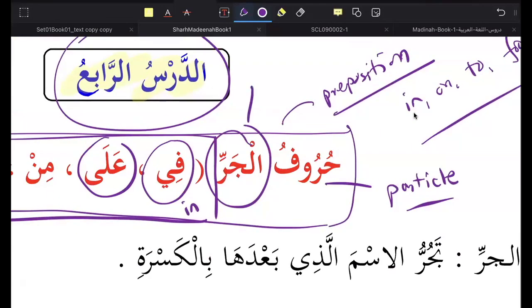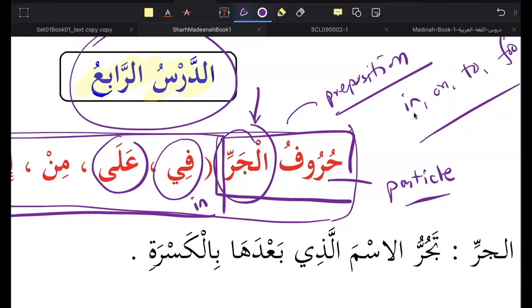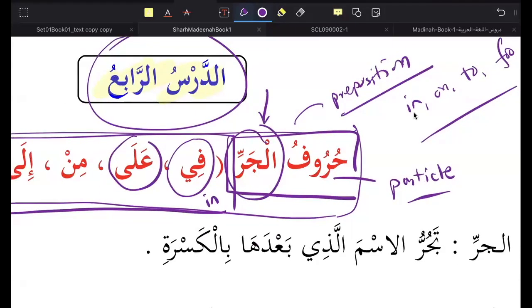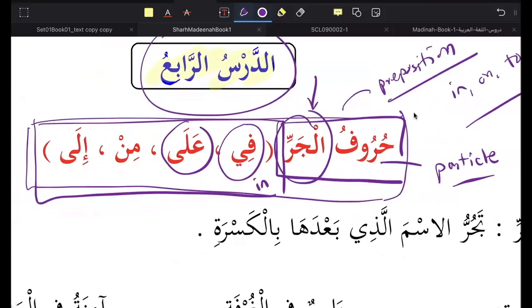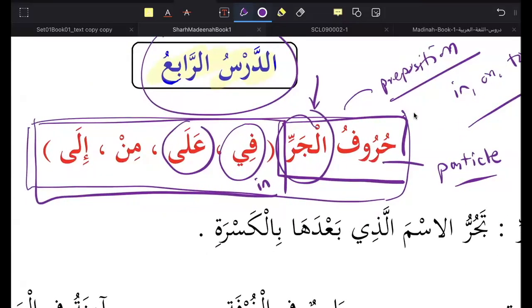If you take this linguistic meaning by itself, it's not going to make sense here. That's why we translate huruful jar together, which is preposition. Jar by itself means dragging or pulling something. Why they call it jar is another discussion. So just make sure that when we say huruf here, we're talking about the particles.